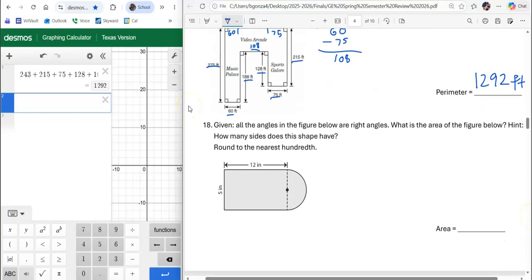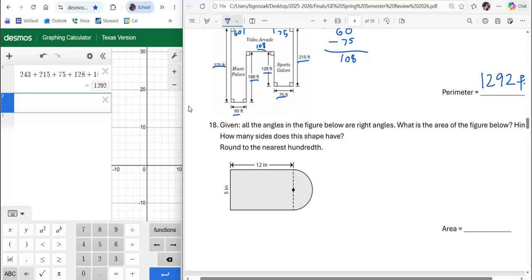Okay, given all these right angles, what's the area of the figure below? This is 5. Okay, now half. So it's going to be area.